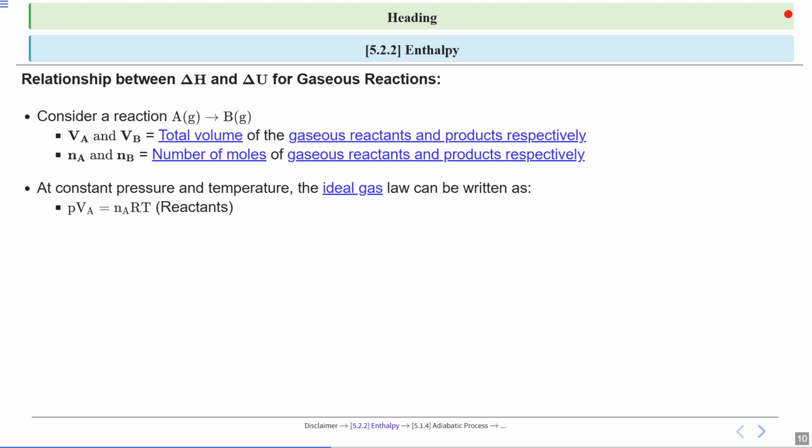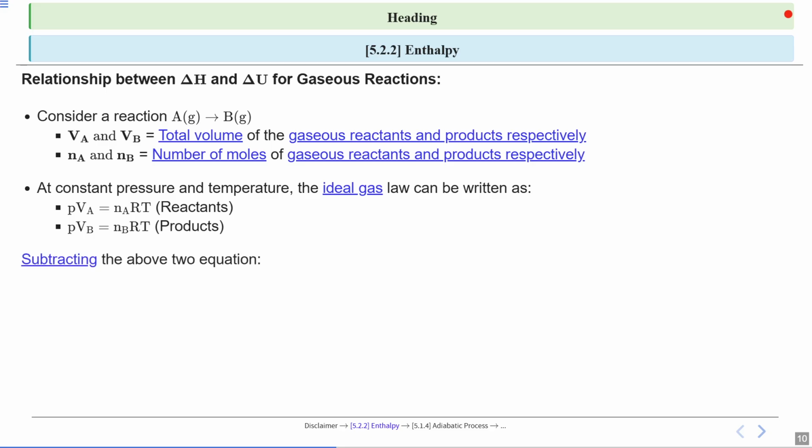Temperature will also be constant and R is already a constant. What can be the second situation? It can be PVB, which is volume of the product, equals NBRT. So these are the application of the gas law onto the reactants and products.